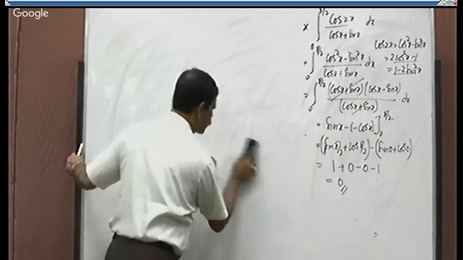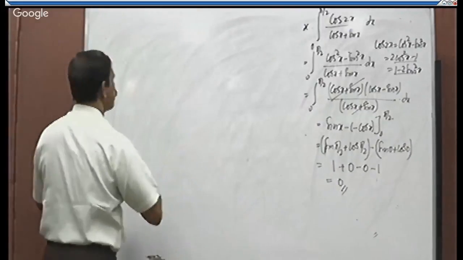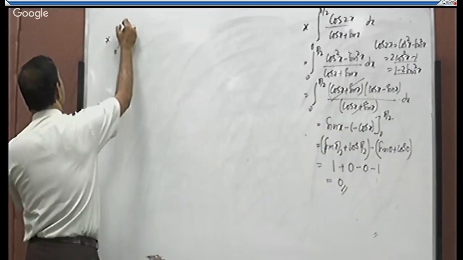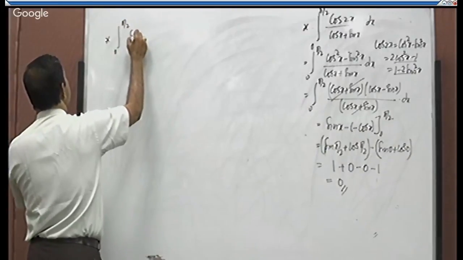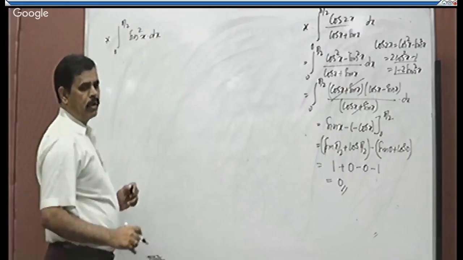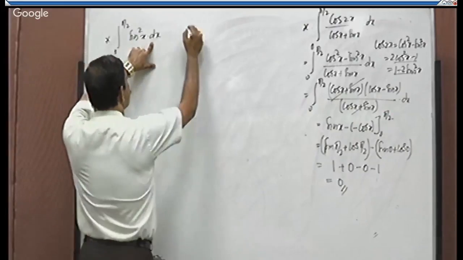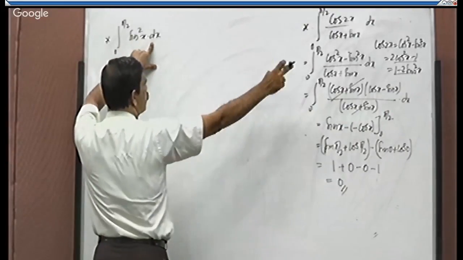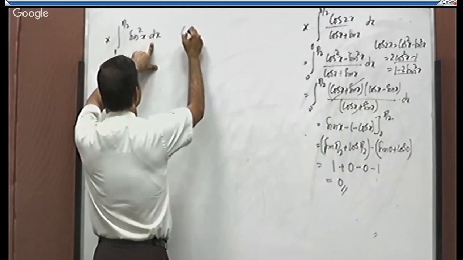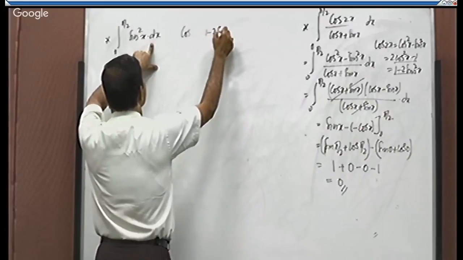Next, let us take the questions of direct substitution method. So these are important ones. Integration of 0 to pi by 2 of sine square x dx. How to do this integration of sine square x dx? As I mentioned in the previous example, cos 2a is equal to 1 minus 2 sine square a.